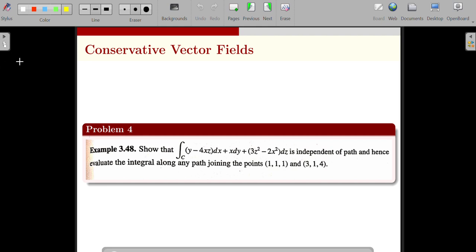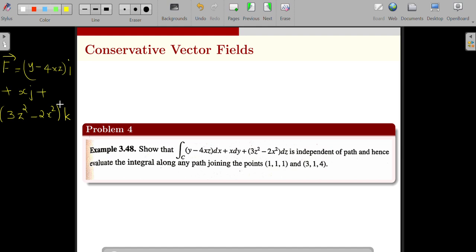So here from this problem we can first of all write what is the vector field F. So its x component, y component and z component are given. So our vector field F is here y minus 4xz i plus x j plus 3z square minus 2x square k.